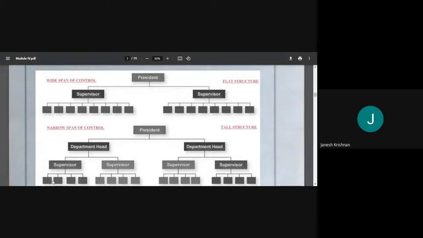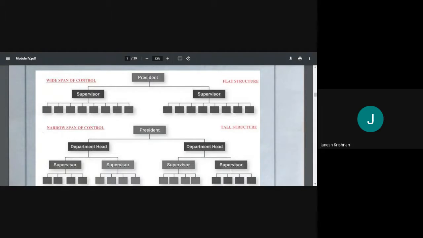Okay? This is a narrow span of control. The second one is narrow span of control. First one is wide span of control. Okay, so basically, one supervisor is having under him 8 workers or 8 employees, or in other terms you can say the supervisor is supervising 8 people.